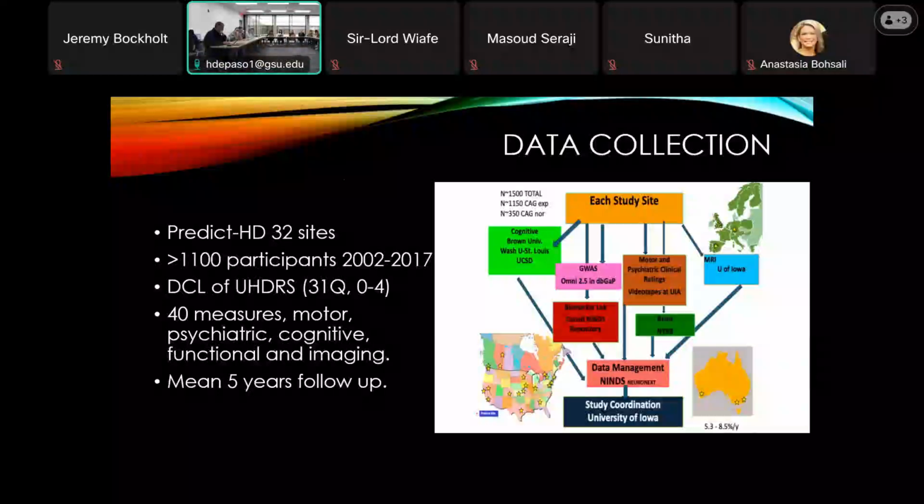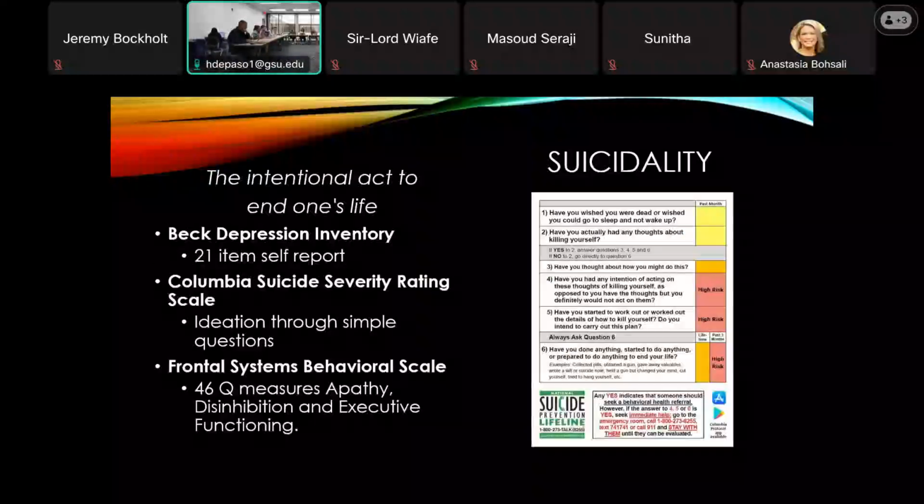Typically, because of this disease being progressive, most studies do want to see a follow-up. So we saw follow-ups ranging all the way up to 12 years since the visits. But mostly the mean was essentially 5 years follow-up. Again, you want to see the people that come back because as their disease progresses, the symptoms can increase at an exponential rate, so to speak.